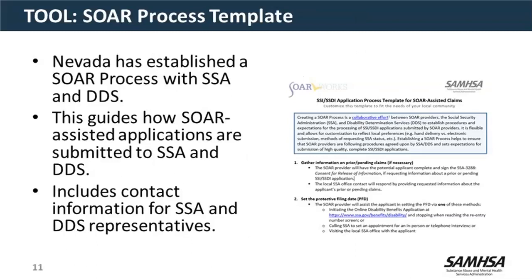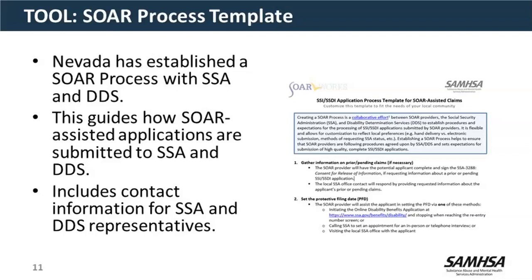So we've definitely established a process with Social Security and DDS here. We have had to go to the Social Security Administration and do in-person applications, kind of as a way to introduce ourselves.